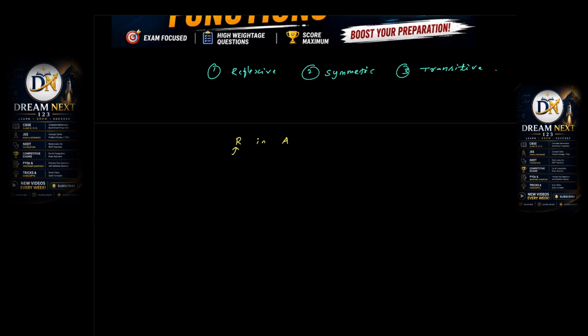This means that the relation R is a mapping from A to A. Some books use R on A, some books use R in A. The meaning is the same: R is a mapping from A to A.